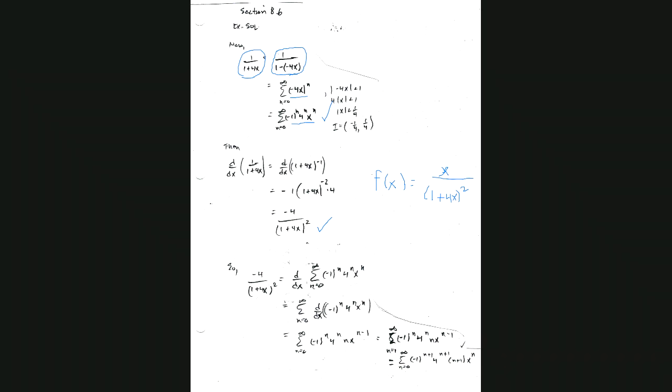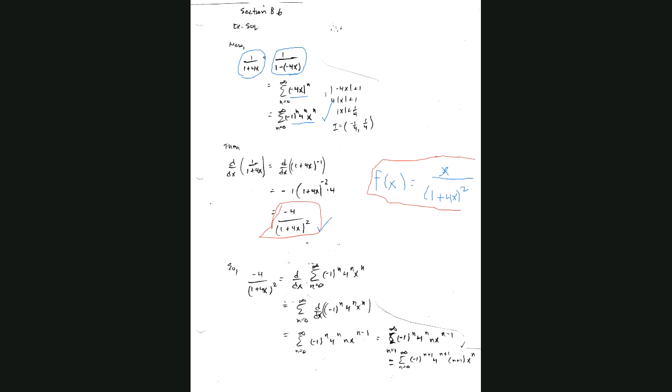The derivative of 1 over 1 plus 4x equals this here, negative 4 over 1 plus 4x quantity squared. And then our function is different by a factor. And we can deal with a factor. So watch what we're going to do here.